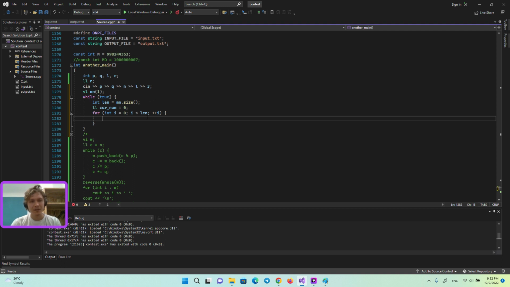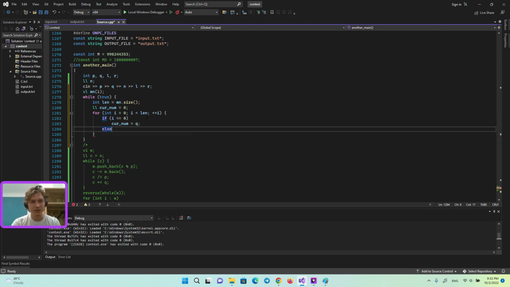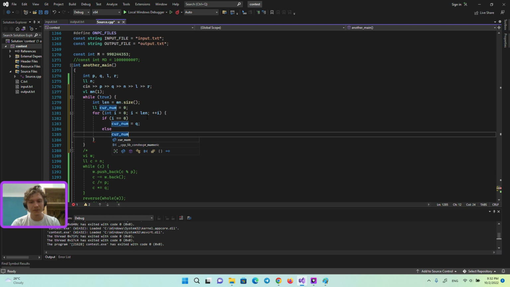So what do we say? We say that if i equals 0, car_num equals q, else car_num plus equals something. What do we want?